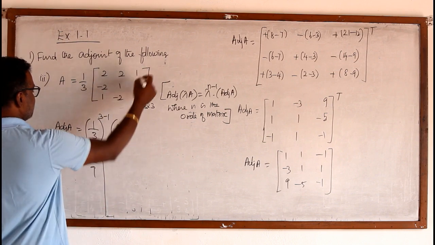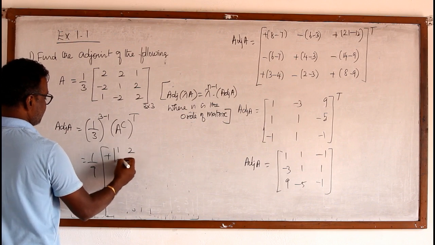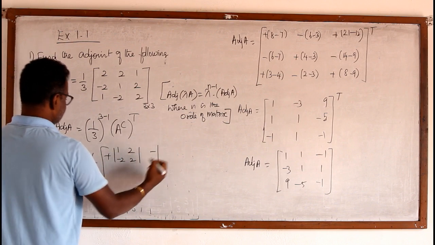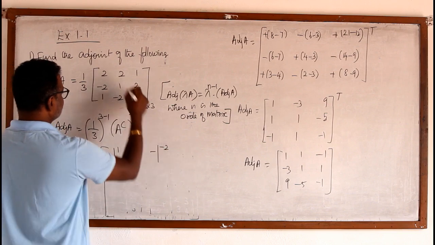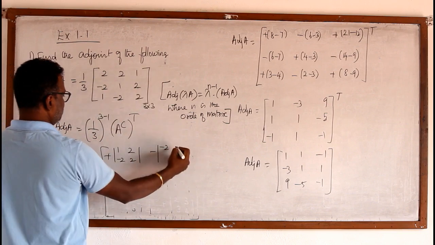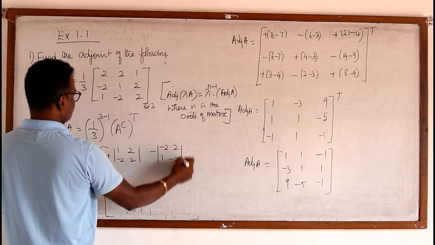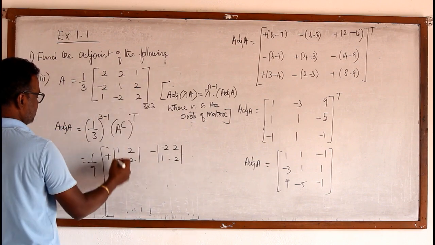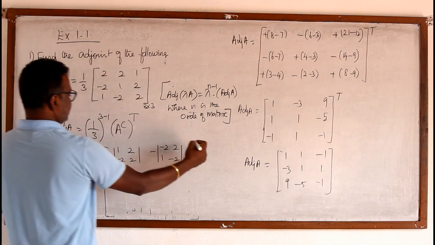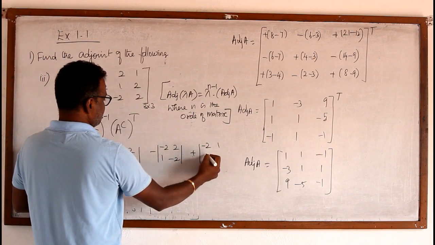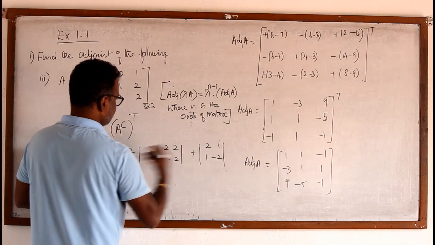Plus, omit this row and column, you will get 1 2 minus 2 2; minus, omit the row and column of this, 2 1 minus 2 2; plus, omit the row and column of the first term, then it is minus 2 1 1 minus 2.